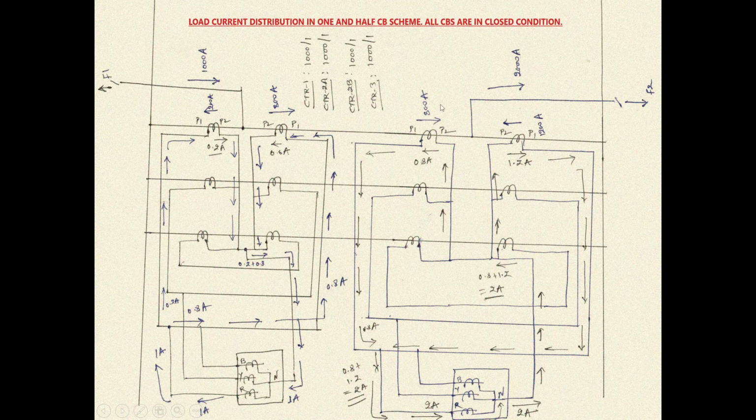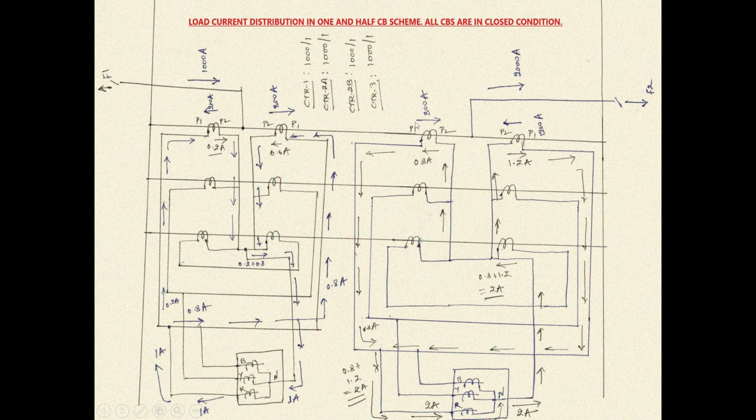Now this 800 ampere in the primary, converted to the secondary, is 800 divided by 1000, so it will be 0.8 ampere. Now 1200 ampere in this CT divided by the 1000 CTR, that is CT ratio, you will get 1.2 ampere in the secondary.